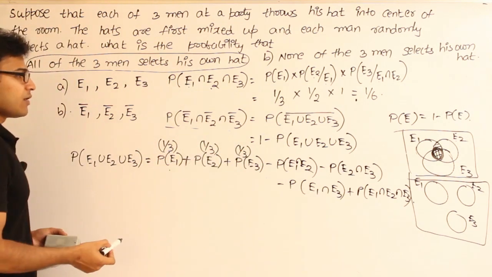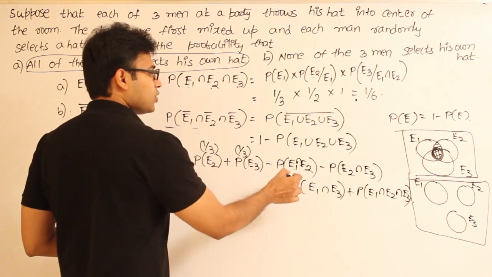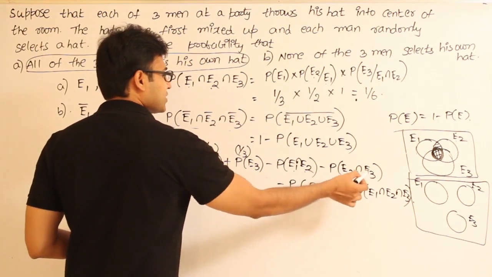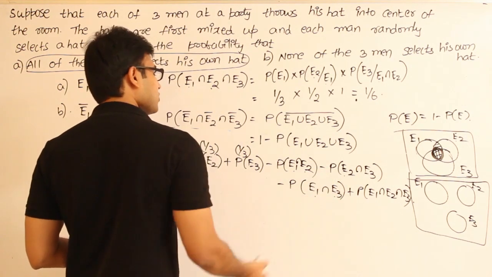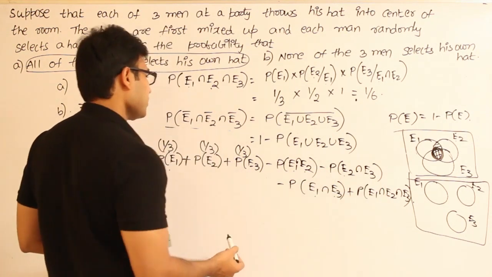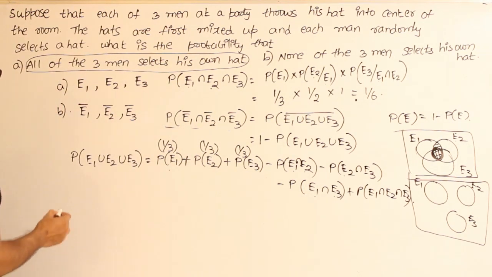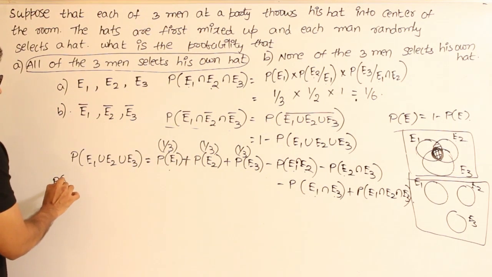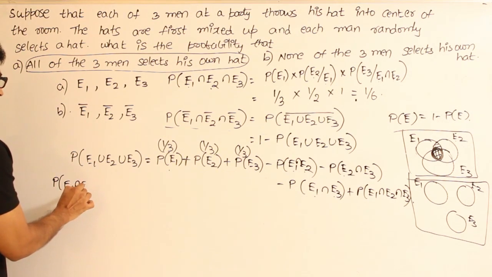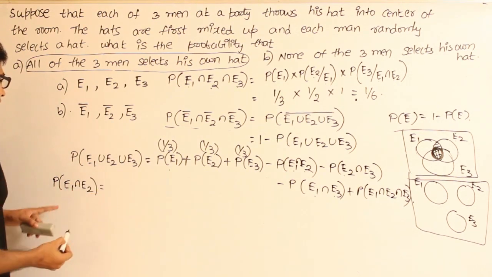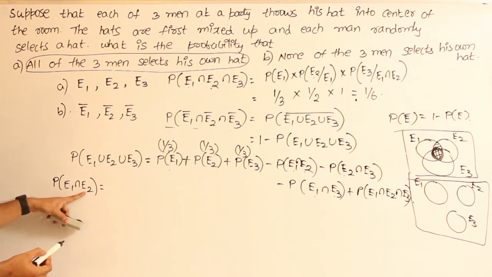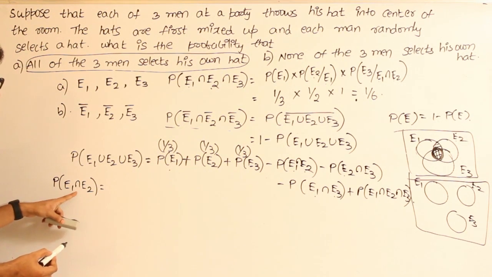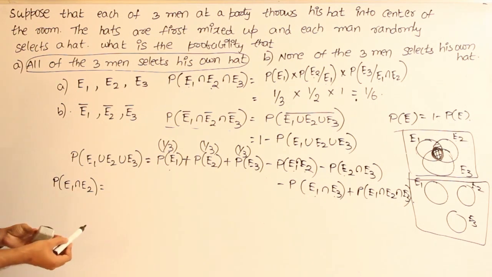These things I know. Now the only thing that I have to find out is P of E1 intersection E2, E2 intersection E3 and E1 intersection E3. These three parts I have to find out, and then this last part I have to find out. I'll use the multiplication theorem. See this. Now the first one is P of E1 intersection E2. Now how can I write it? Probability that E1 and E2 will have taken the right one.